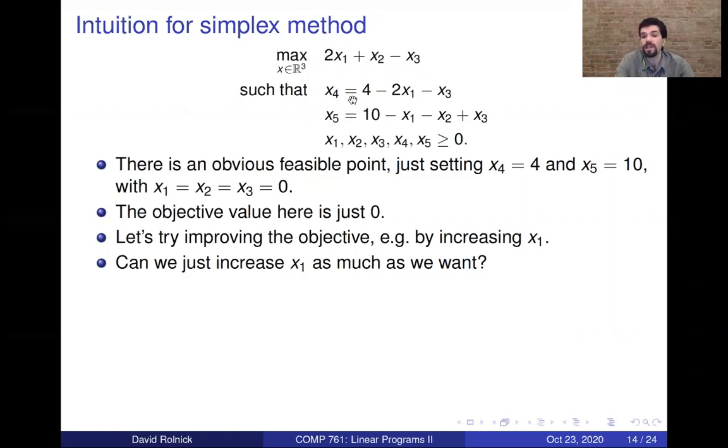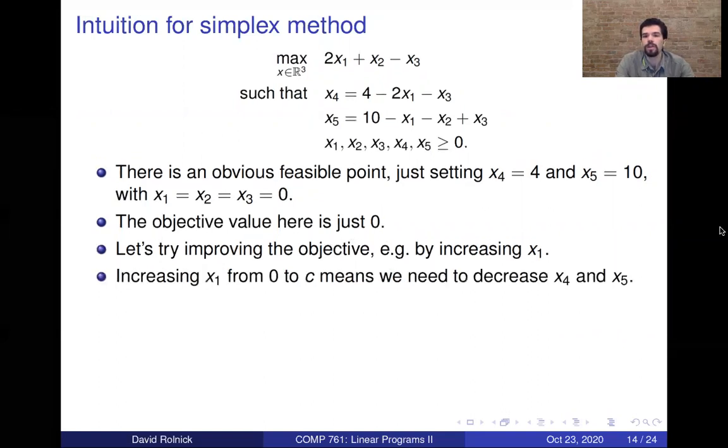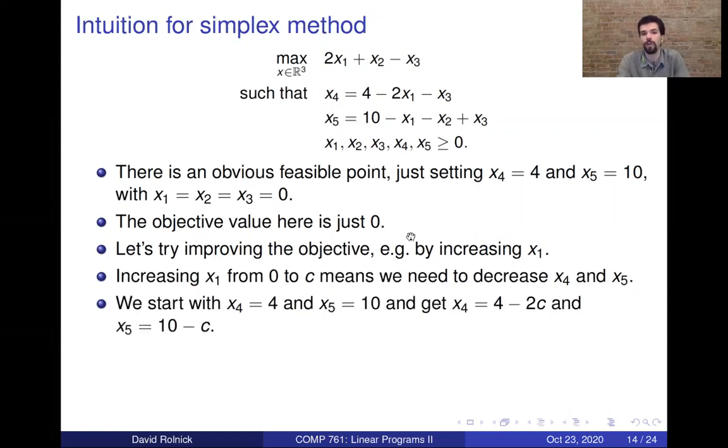Yes, there are these equations here. So we're going to have to make sure that we keep these equations satisfied. So we increase x1 from 0 to c, and we're going to have to decrease x4 and x5. And if we decrease them too much, then they become negative. So that's a problem. So we start with x4 equal to 4, x5 equal to 10.